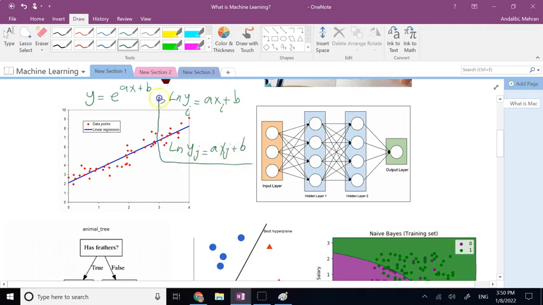I can still convert this relation into a linear set of relations. Again, it's going to be xi and 1, xj and 1, a and b. Now the right-hand side this time is going to be the natural log of yi and yj. But still, in terms of these unknowns, the relation is linear.